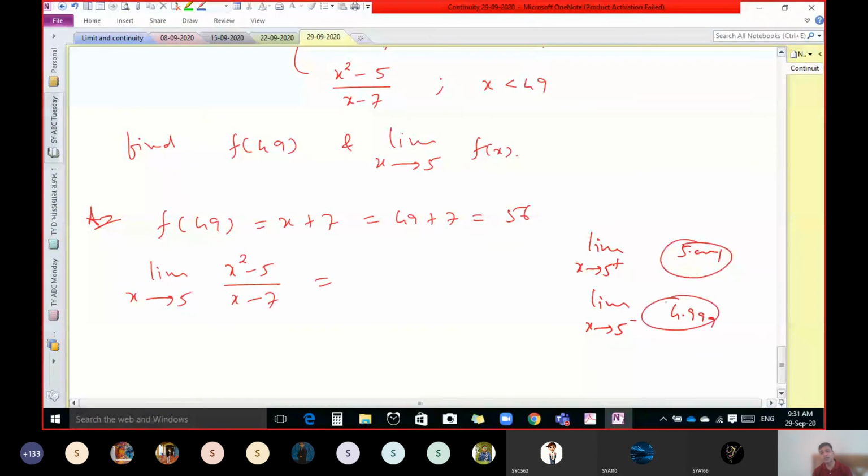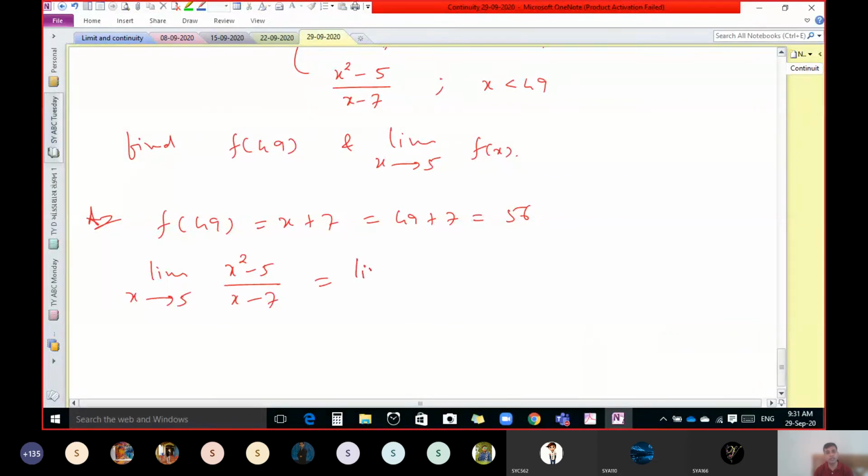Both values are less than 49. So in both cases we have to use the third function, and no need to find out separate right hand side limit and left hand side limit. You can simply put one limit only and find your answer.